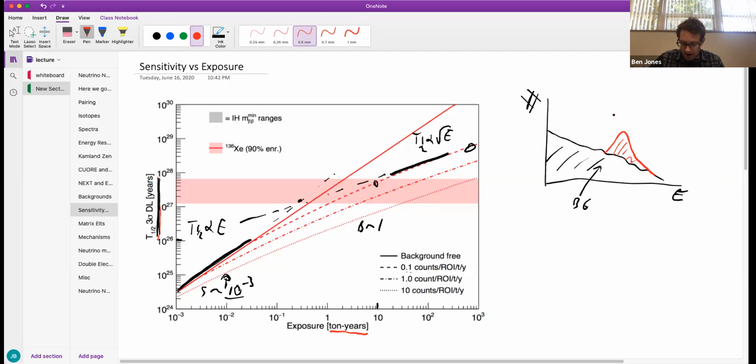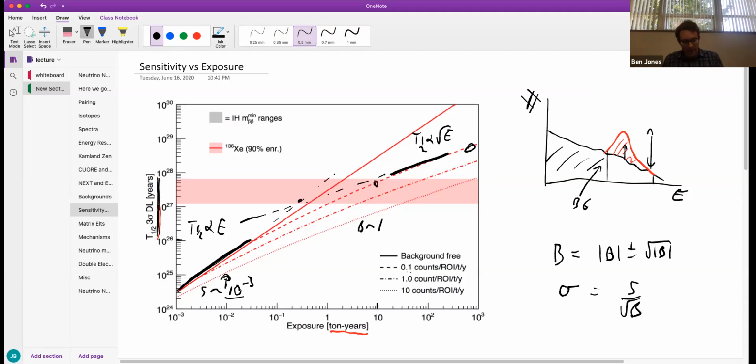And so the way you characterize whether or not you have a significant observation here is you ask, what is the probability that my background could have fluctuated up to be as large as that signal? And if you have Poissonian regime, which we generally do in these experiments, then the background rate is going to be something like the mean amount of background plus or minus square root of the background. Okay. So the number of sigma that you have up here is something like signal over square root background.